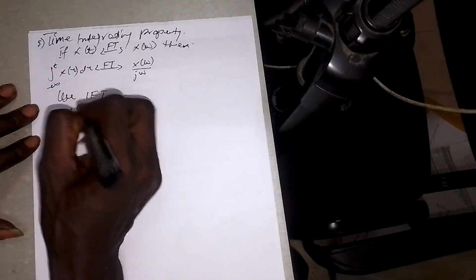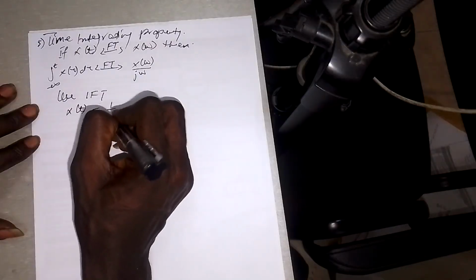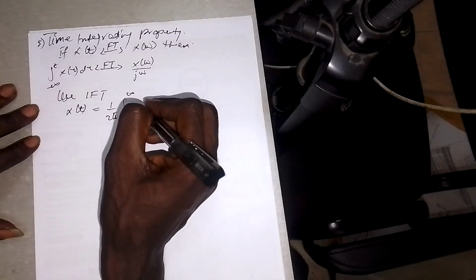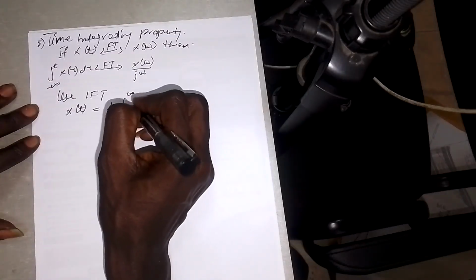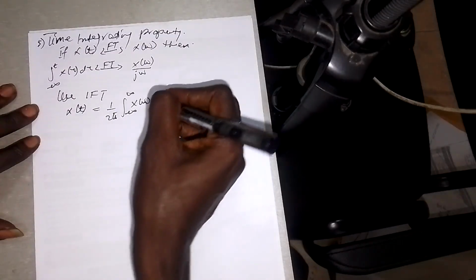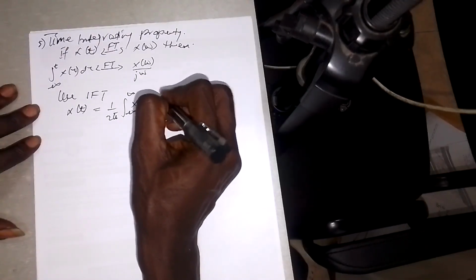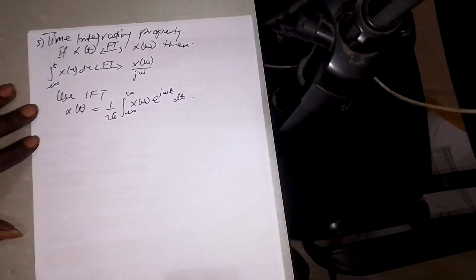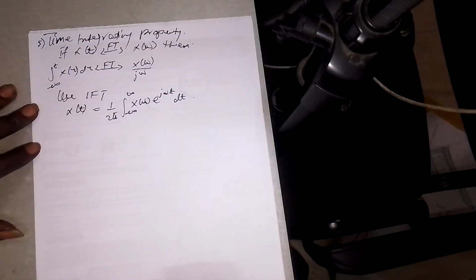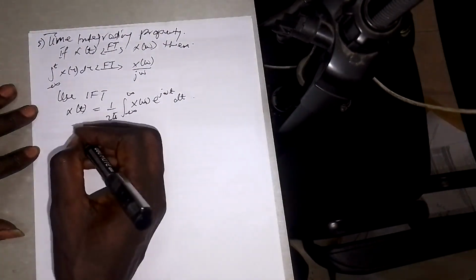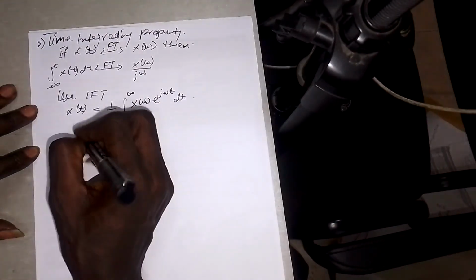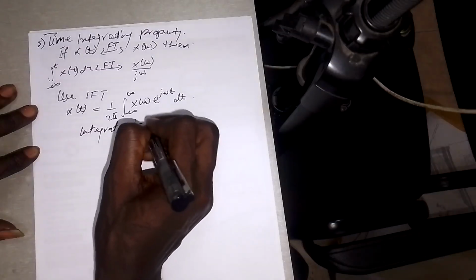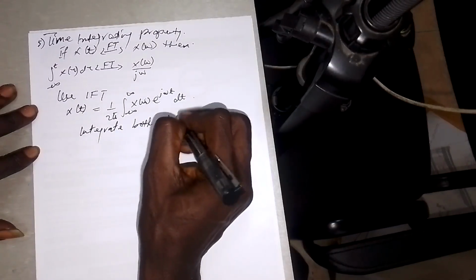In the inverse Fourier transform, we know that x of t equals 1 over 2 pi times the integral from minus infinity to infinity of X of omega times e to the j omega t d omega. So that's what we have here. Now what we do is integrate both sides.